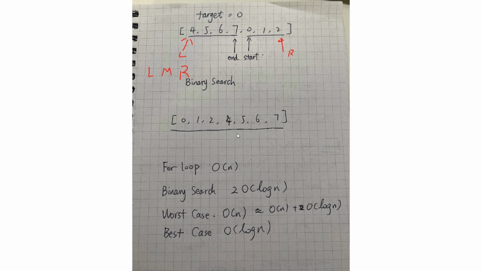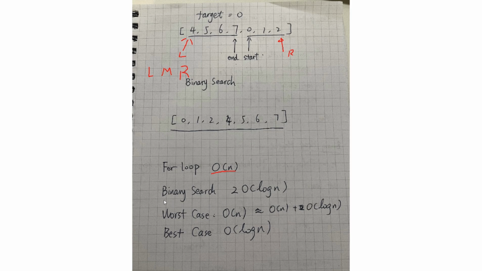So let's look into the time complexity. As we use a for loop to check if there is a violation for the rotation, the worst case will be checking every number, so that will be O(n). If there is a violation, we conduct binary search and break the loop.